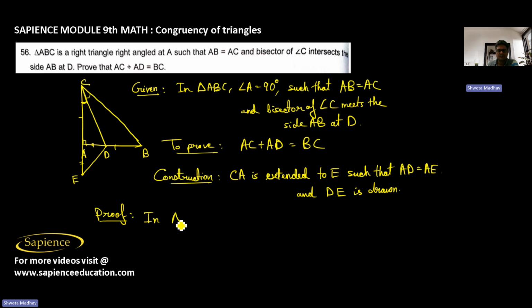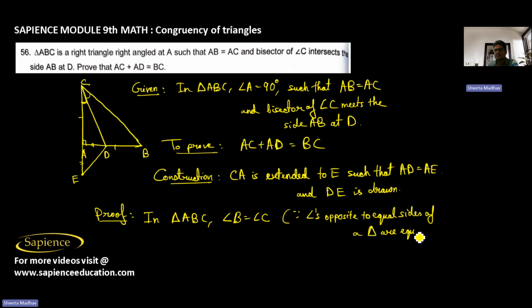Okay, so I can say that in triangle ABC, angle B equals angle C. Why? Angles opposite to equal sides of a triangle are also equal.